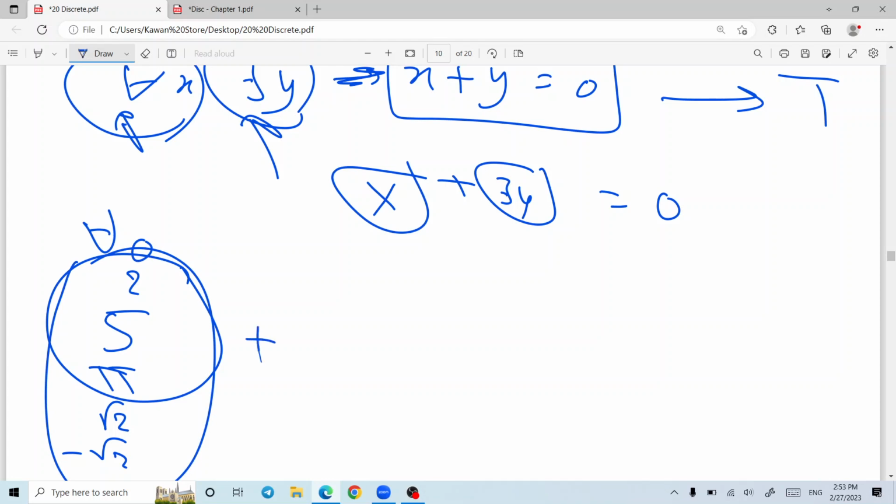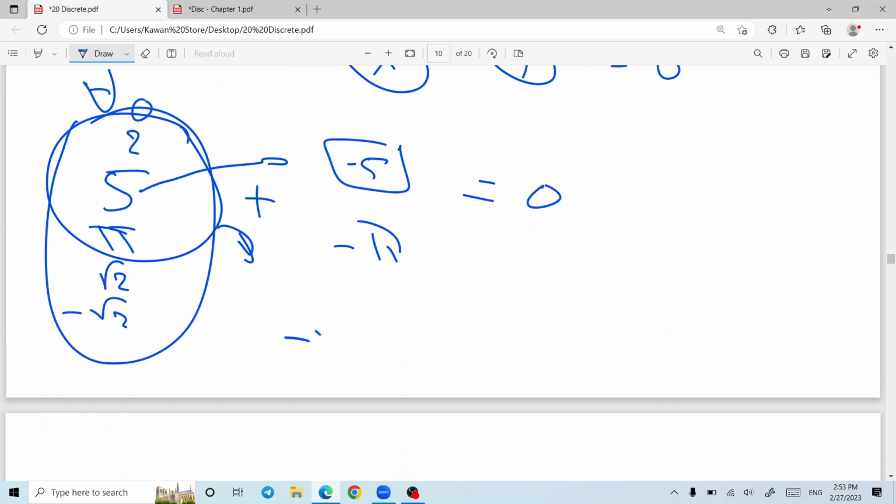Can I find one number for each of them to get a 0? Yes. For example, for 5, I have minus 5. Your friends say pi, I say I can find minus pi. The others say minus square root of 2, I say I can find square root of 2. Did I get the result or not? Yes. So it means that the statement is generally true. Understood here?